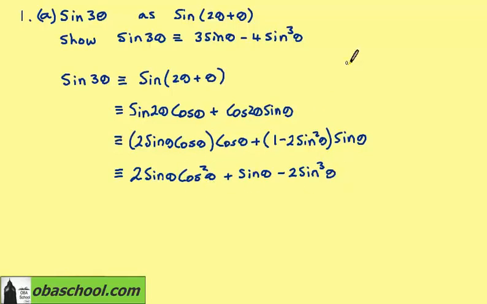This cos squared theta, we can use sine squared A plus cos squared A, which we know is 1. This rearranges to give that cos squared A is the same as 1 minus sine squared A.